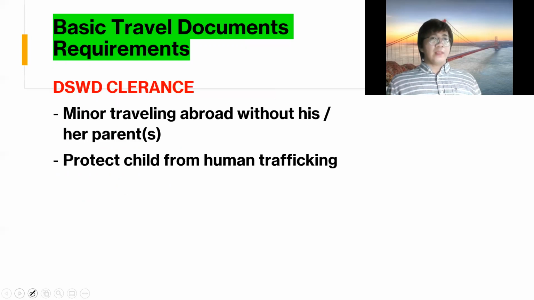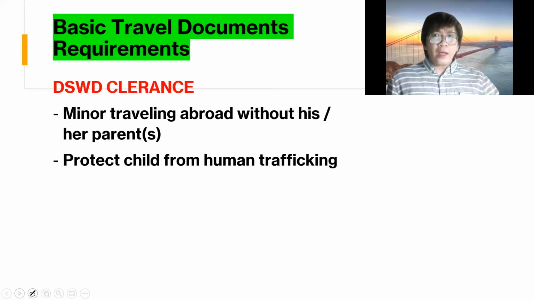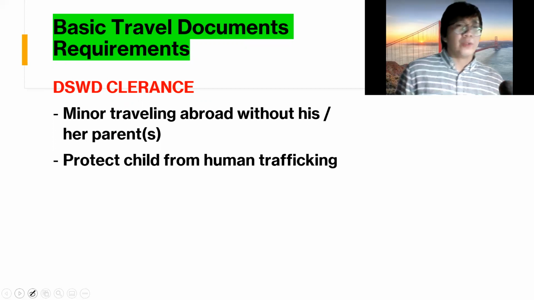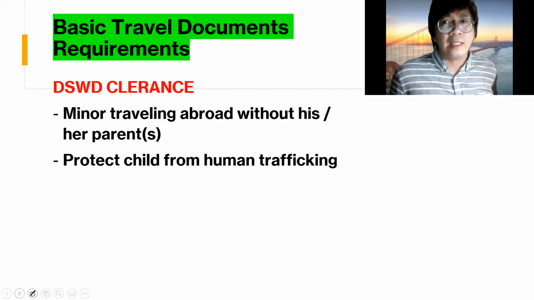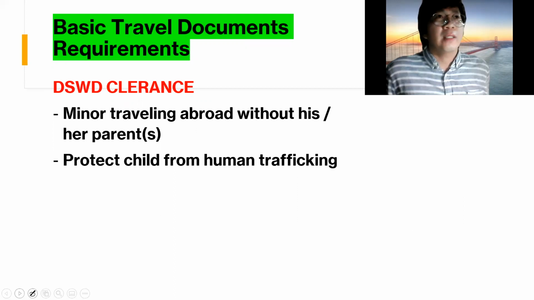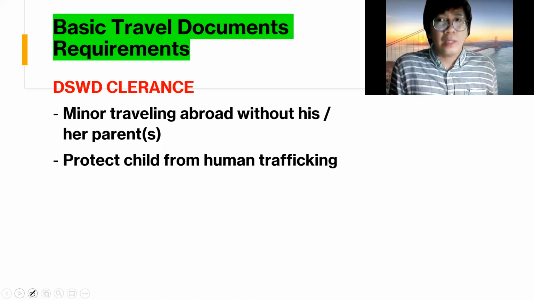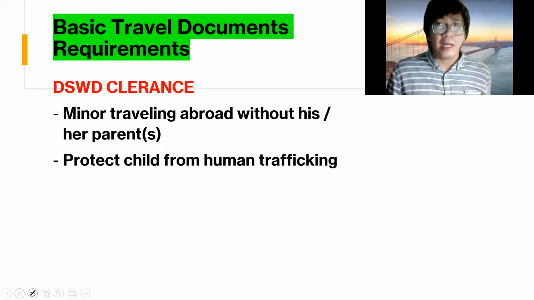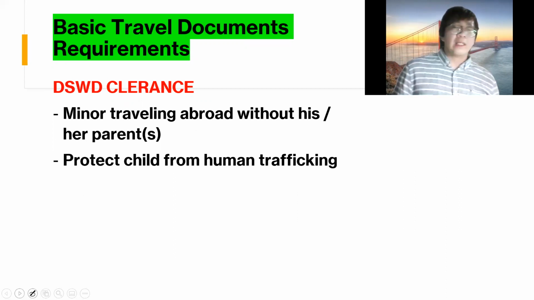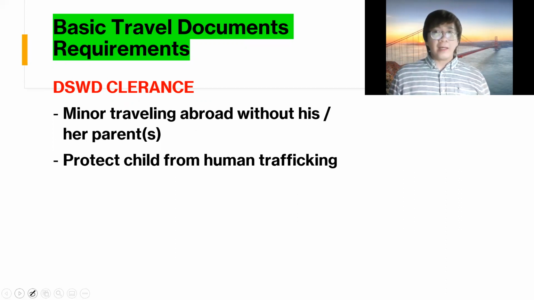Next. If you're accompanying a minor, when we're talking about minor, these are 18 years old and below. In the absence of a parent, let's say hindi kasama yung mama, hindi kasama yung tatay. Pero kung kasama yung tatay, okay na yon. Kasama nanay, okay na rin yon.